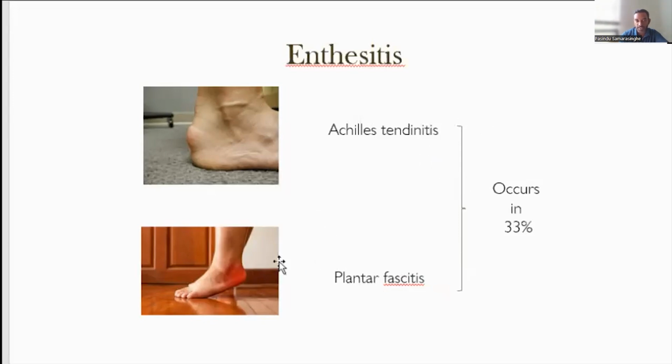When you get these conditions, which are very common due to mechanical reasons, ask about back pain, look for arthritis, look for the peripheral spondyloarthritis features. Otherwise you might be missing spondyloarthritis. So that's enthesitis, which is a common condition in spondyloarthritis, and also common as an enthesiopathy in the normal population. So both conditions can happen due to mechanical reasons.